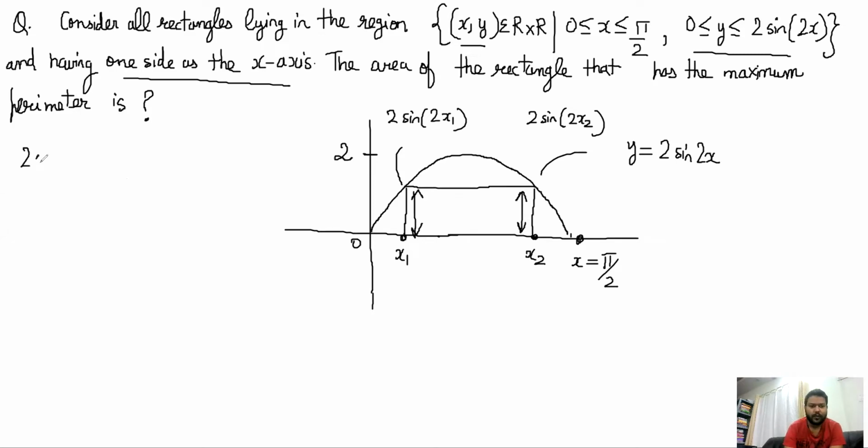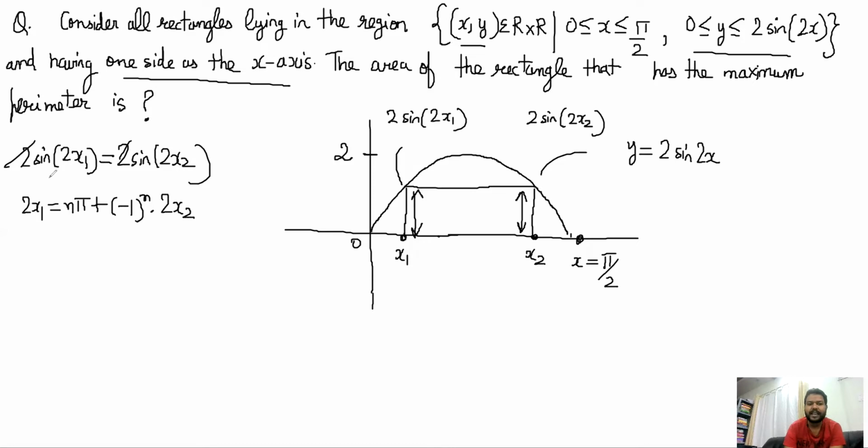So we have 2 sine 2x1 equal to 2 sine 2x2, and we cancel off the 2 and do a general solution here. So 2x1 is equal to n pi plus minus 1 to the power n into 2x2. This is the general solution of trigonometric equations involving sine. The formula is n pi plus minus 1 to the power n theta.